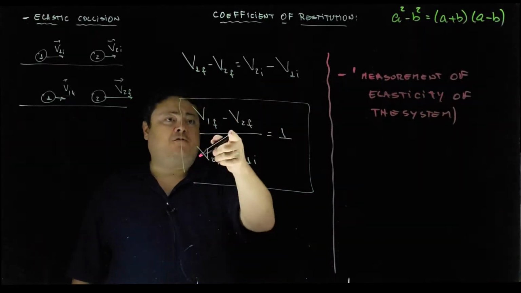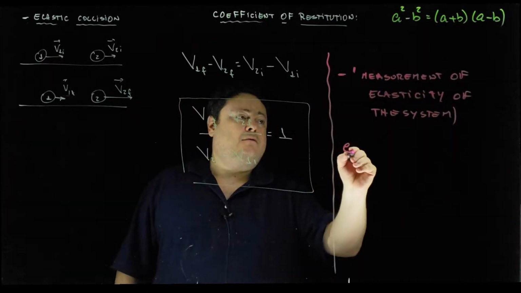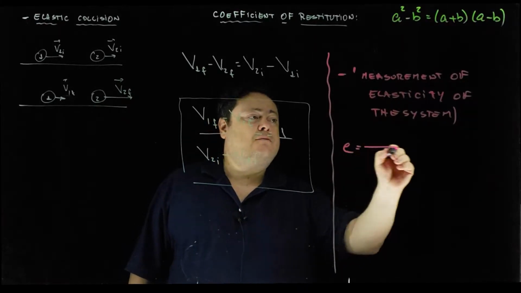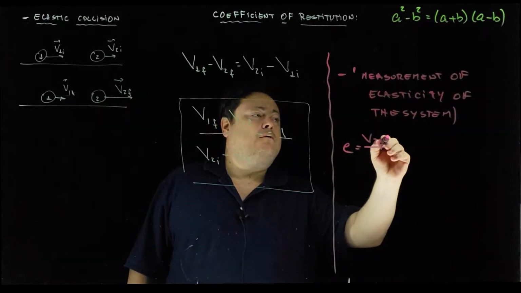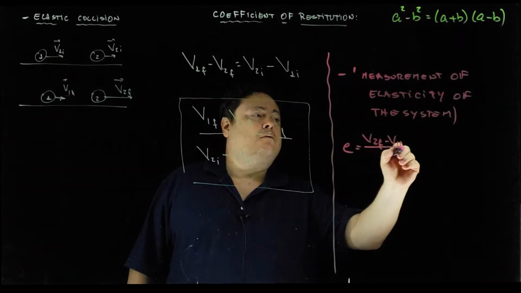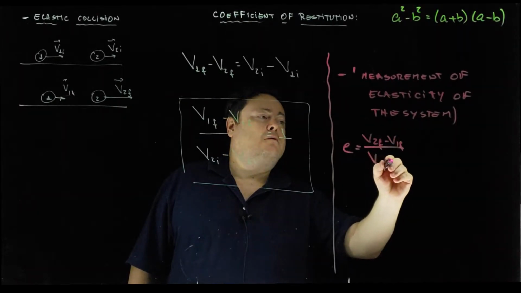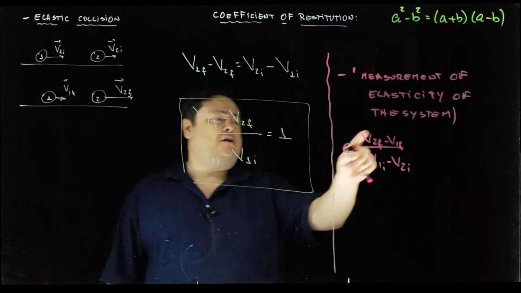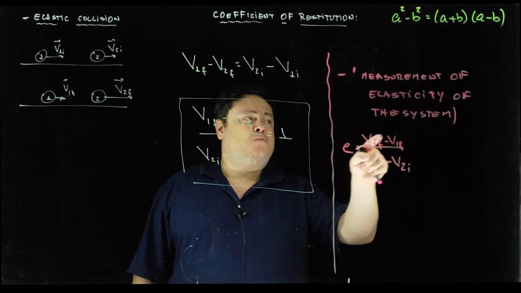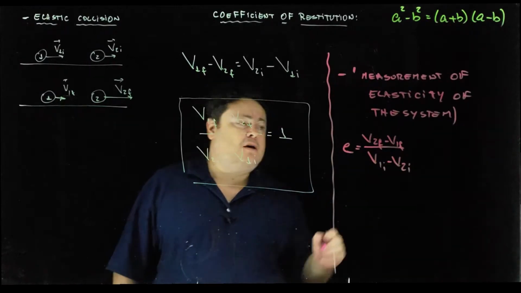And many people define this as e for elasticity, I guess. It does not really matter how you write this as long as you keep it 2 minus 1, 1 minus 2, okay?